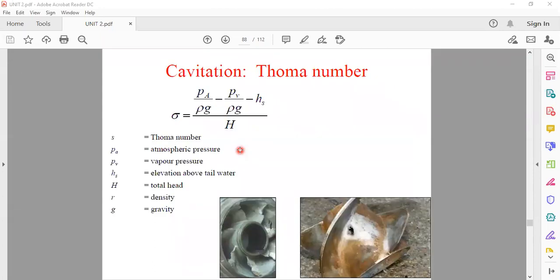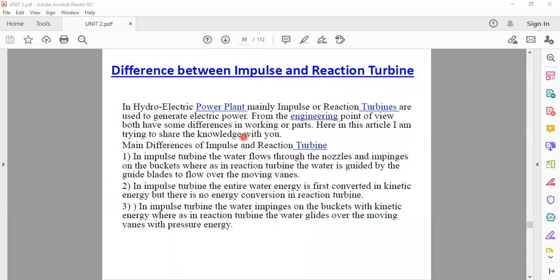So cavitation and the Thoma number. Sigma is the Thoma number. Pa is the atmospheric pressure, PV is the vapor pressure, HS is the elevation above the tailrace, H is the total head, rho is the density, and g is the gravity, like that.